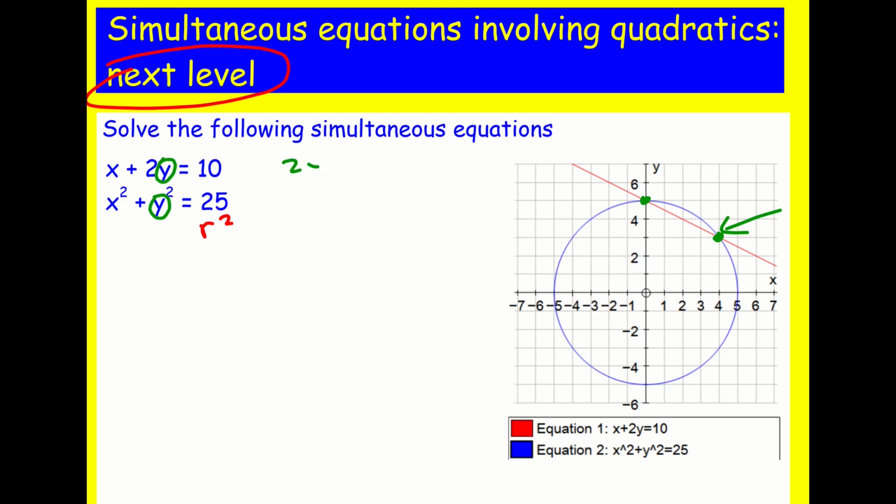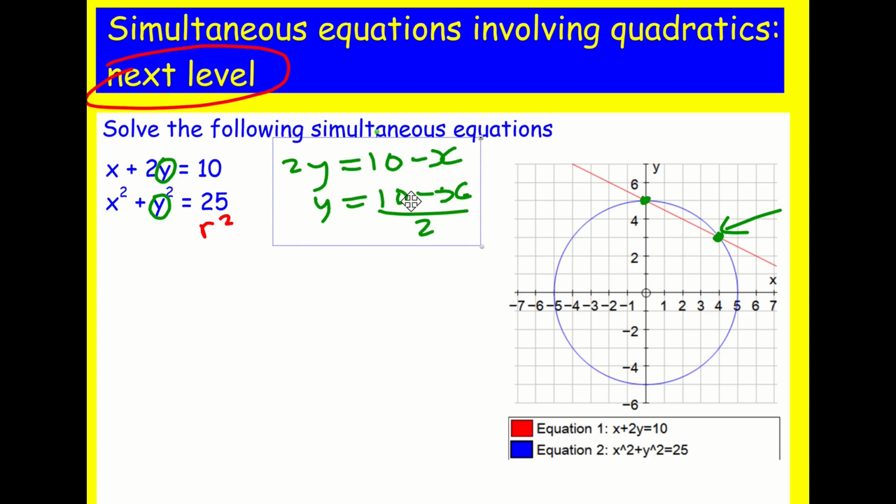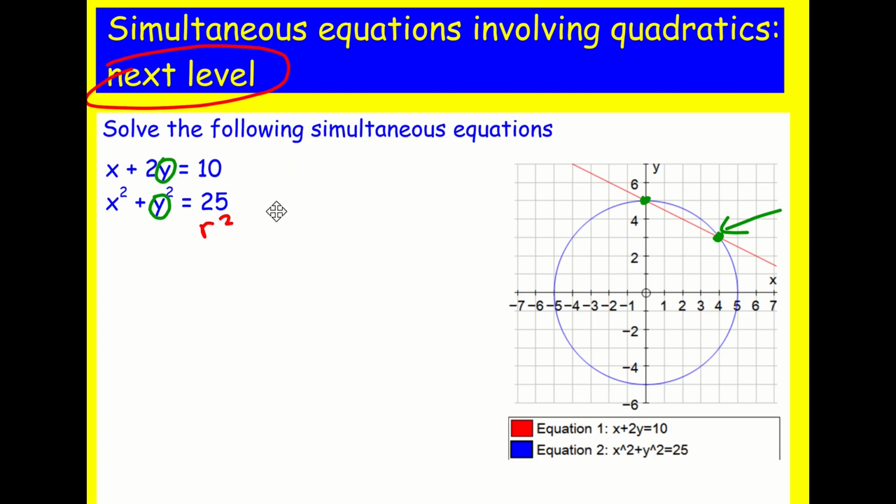So what you would do is 2y equals 10 minus x, and then y equals 10 minus x over 2, and then replace this y here by that. However, again, that will lead to not quite so much bad times, but there's a fraction going on here. So it's just overcomplicating things.